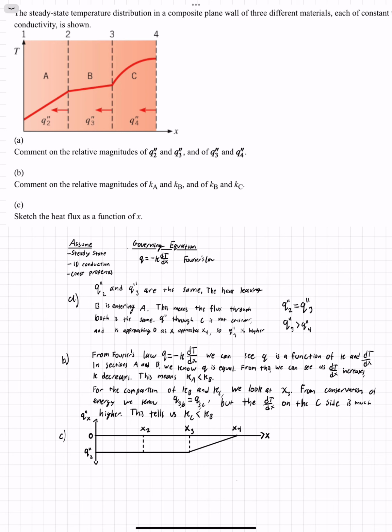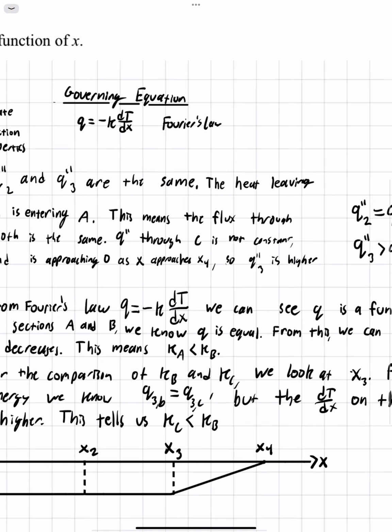From this, kC is less than kB, to make Fourier's law true, where q is equal to negative k dT/dx. This leaves us with our final answer that kA is less than kB, and kB is greater than kC.